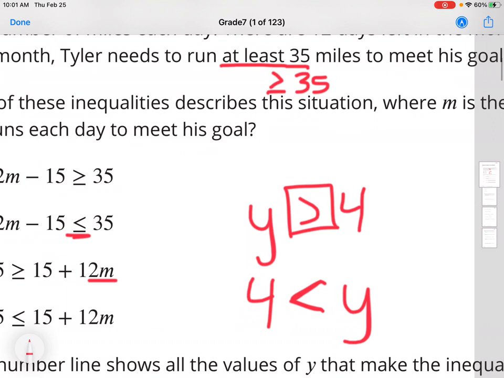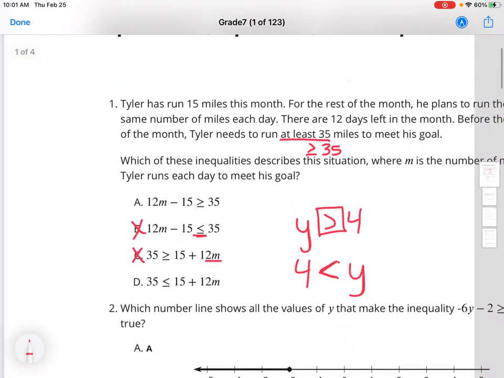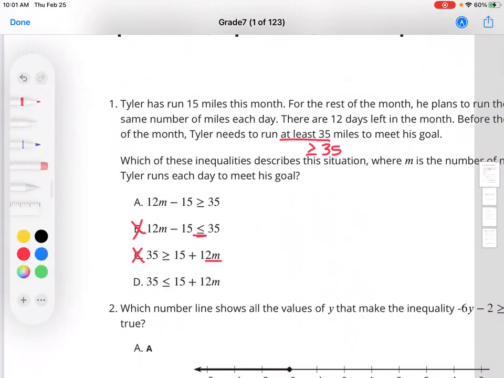And so if y is greater than 4, then that means 4 is less than y. So that's why your symbol would flip when you rewrite it. So I already know B and C couldn't be answers because of the symbols.